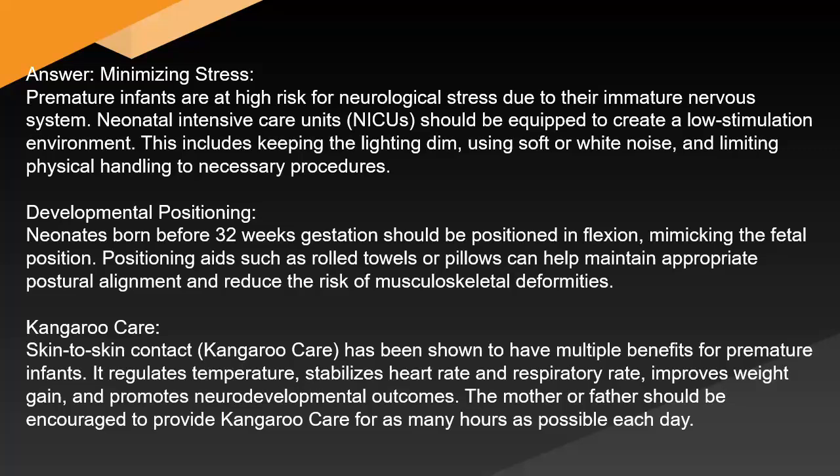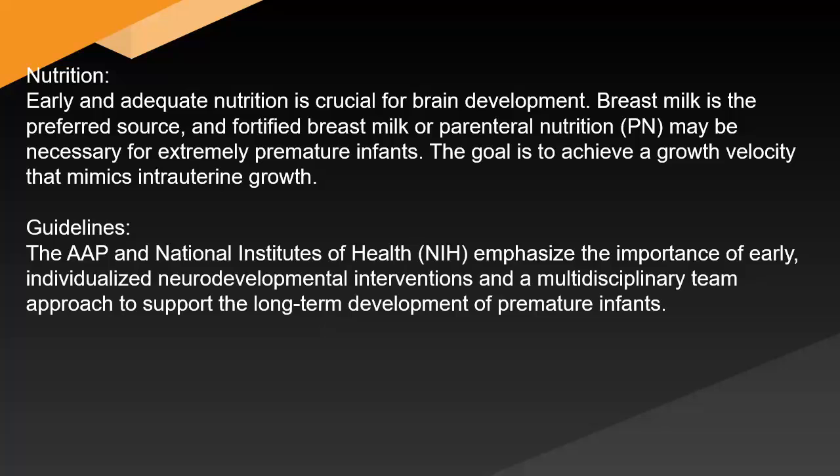Kangaroo care. Skin-to-skin contact. Kangaroo care has been shown to have multiple benefits for premature infants. It regulates temperature, stabilizes heart rate and respiratory rate, improves weight gain, and promotes neurodevelopmental outcomes. The mother or father should be encouraged to provide kangaroo care for as many hours as possible each day. Nutrition. Early and adequate nutrition is crucial for brain development.